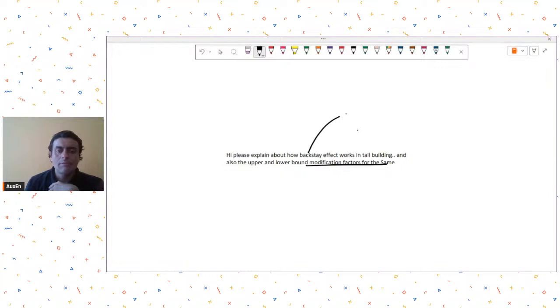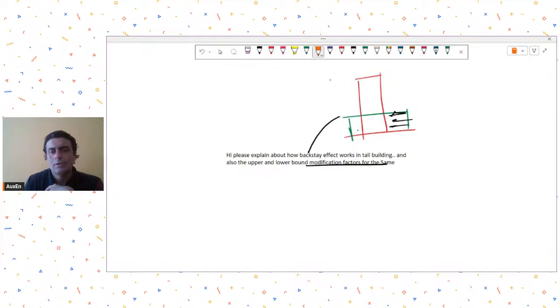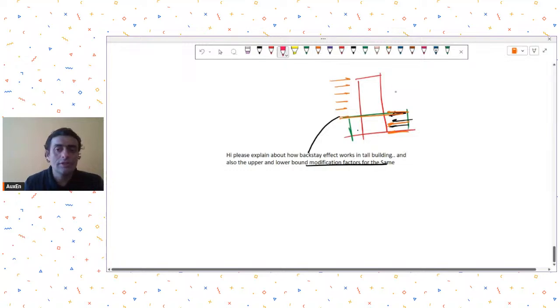So backstay, we have discussed this before also, that if this is my tower and it is connected to the podium, then what happens is that this podium level offers resistance to your lateral forces at this level. So you had a lateral force application. Now suddenly, because of increased stiffness, this podium portion, or these slabs, may offer resistance to your lateral loads, which is good for us in fact.